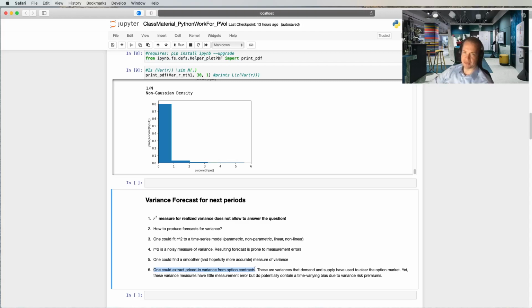That would be a forecast which we extract already, because the option is a contract that has a maturity from 1 day up to 1 year, 2 years. And demand and supply agree on a price, and that price is based on the anticipated variance that the investors price in. There's a simple way, we will talk about that in another class, on how to extract that. That could also be a variance forecast.